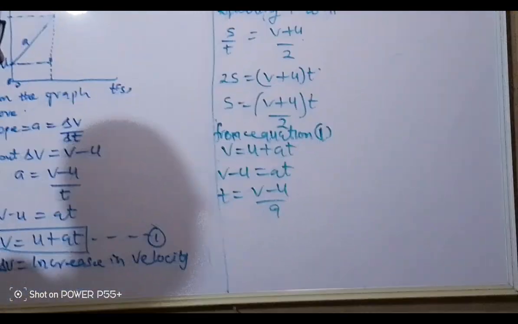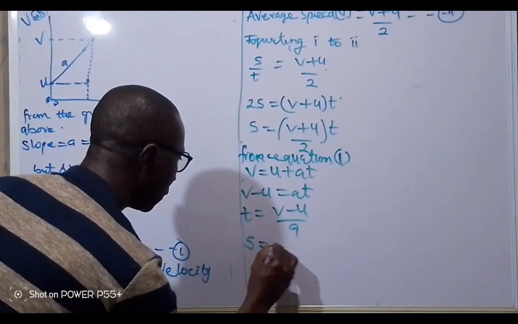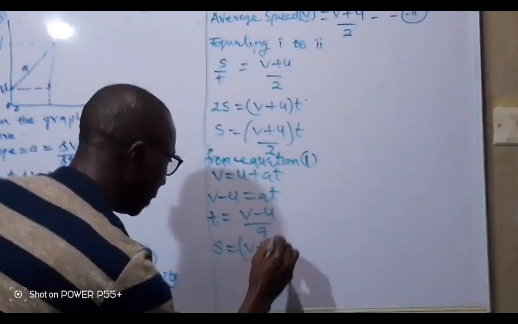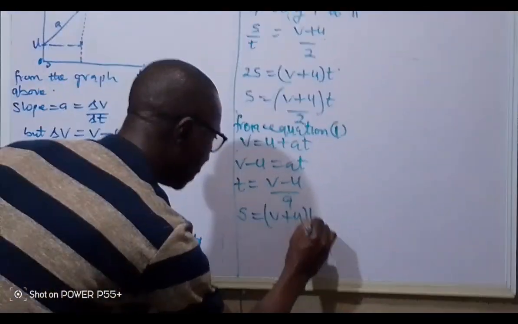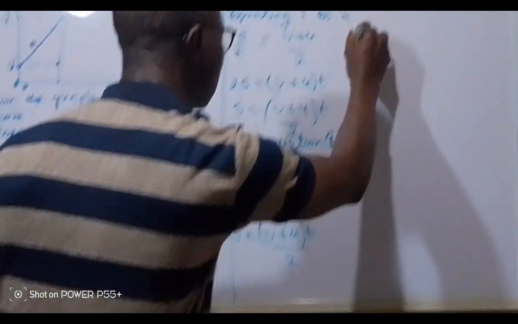So we are going to have S is equal to V plus U into bracket T over 2. Let's remove T now.